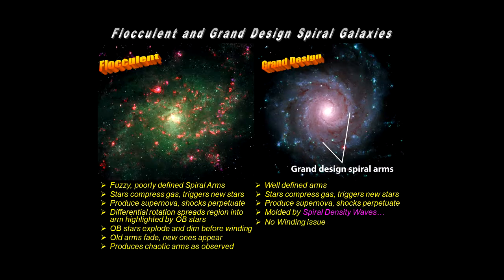This is different than just simply stars initiating new star formation and then tending to wind up the galaxy. So there is no winding issue in this case. The spiral structure stays essentially visually intact.